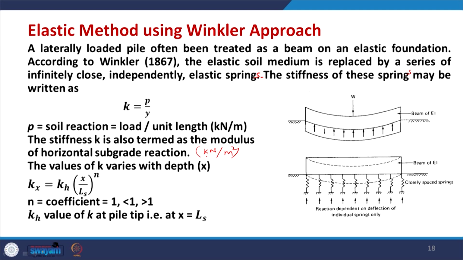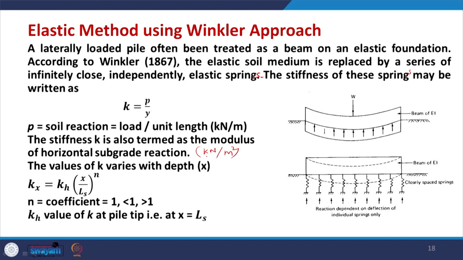Now the K, which is said to be the spring constant, is not constant. Because this is not the horizontal case, actually the pile is like this. So, what is expected is that as you go down, if your soil gets harder and denser, then the deflection may reduce at the bottom. So, the values of K vary with the depth.